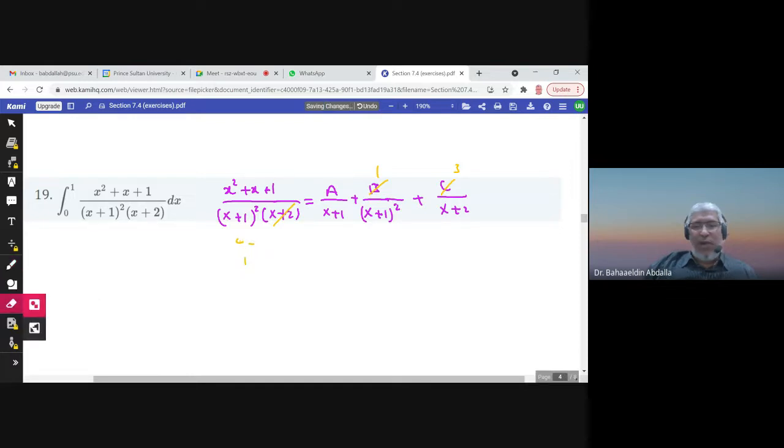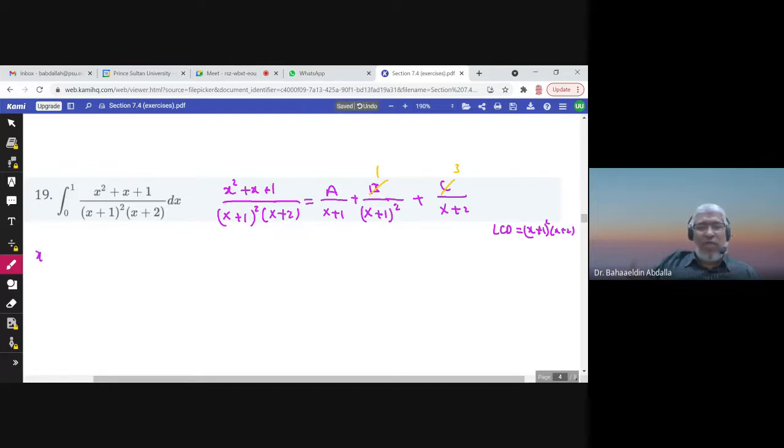And now I need to find a. And to find a, I have to multiply by the LCD. And the LCD is this one, x plus 1 squared times x plus 2. So I will multiply both sides by x plus 1 squared times x plus 2.